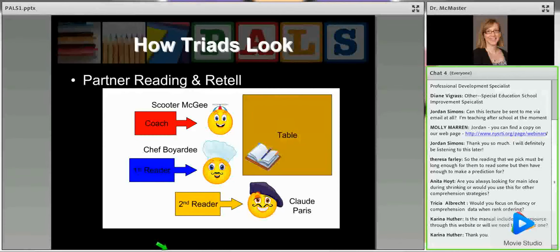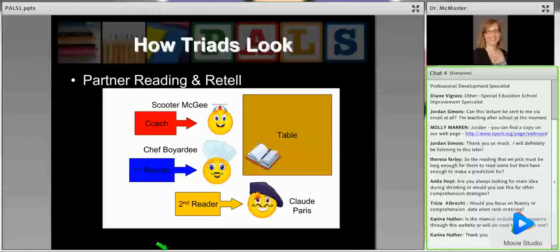Now, here's one example of what triads might look like. So let's say you've got these 3 kiddos, Scooter McGee, Chef Boyardee, and Claude Paris, and they're all sitting at their table. It's a good idea to put them at a corner because the materials are shared. So have the materials placed such that all students can see them.